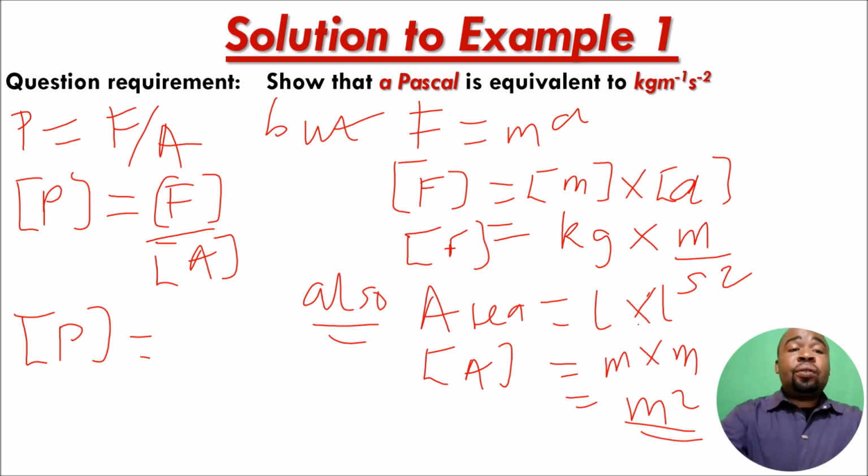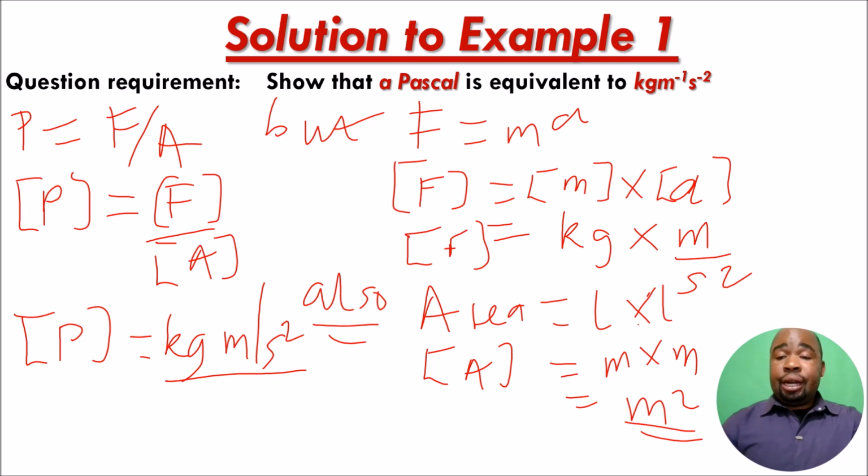So where there is a force, we're going to put kilogram meter per square second divided by area, which is square meters. Evidently, this meter here will go with 1 on the denominator.